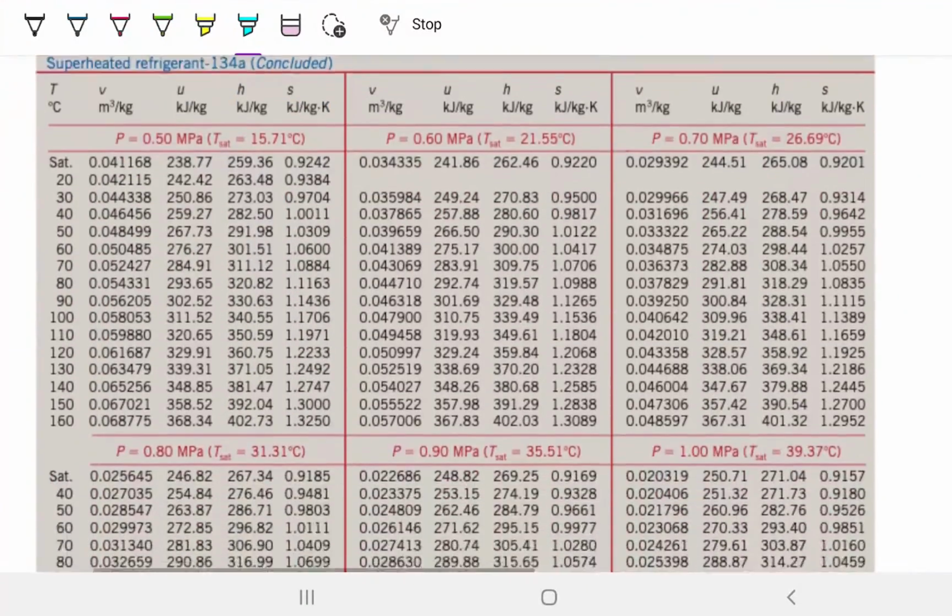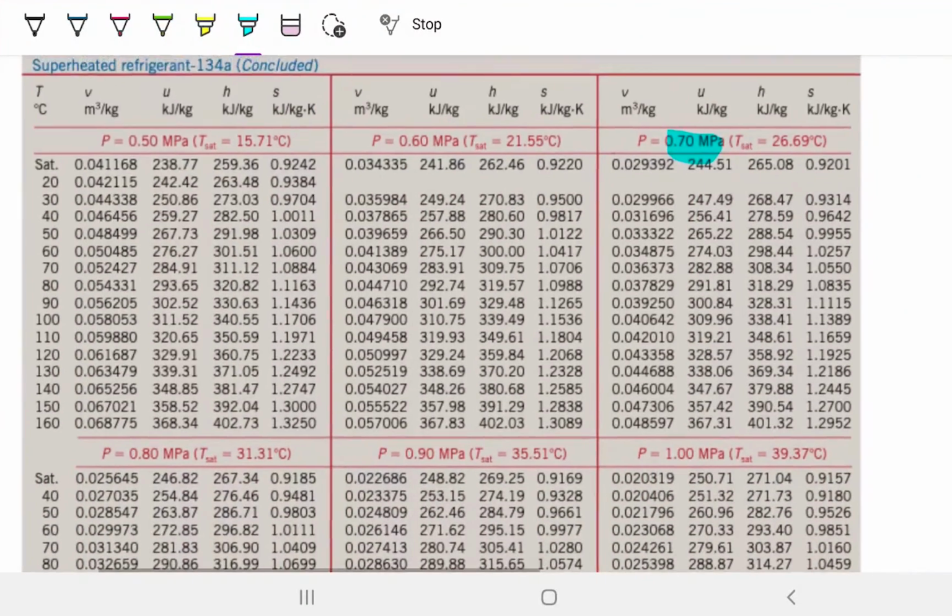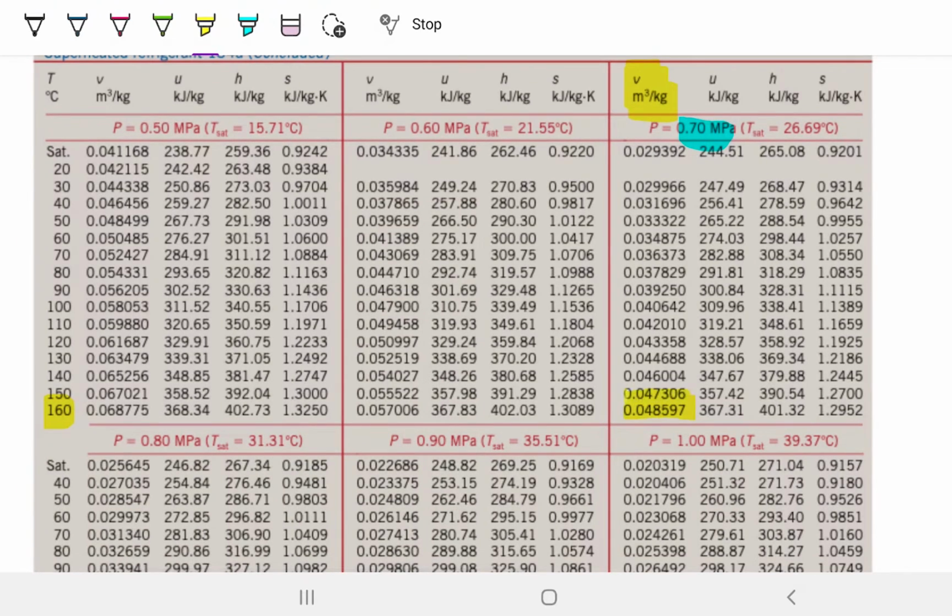So I need to scroll down until I find the 0.7 right there. And now what I need is a specific volume that is 0.049. I'm going to note that my temperature is actually going to be greater than the 160, right? It's quite close to this 160, but it's greater.